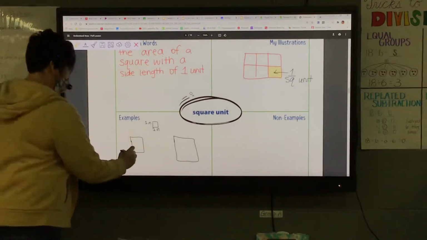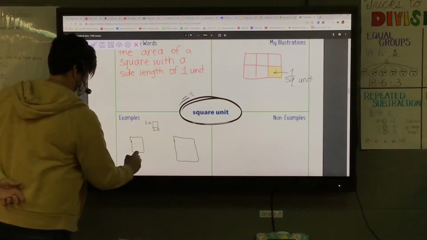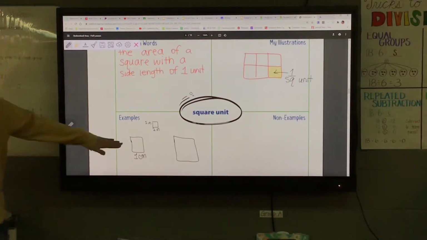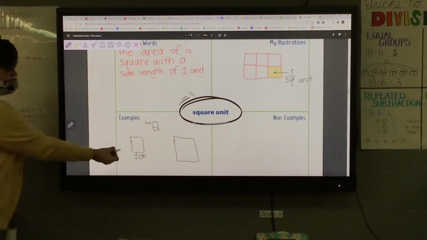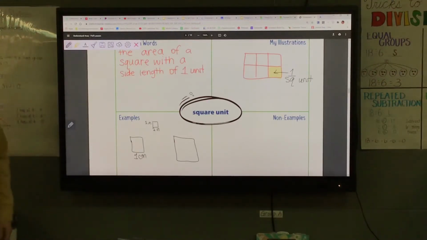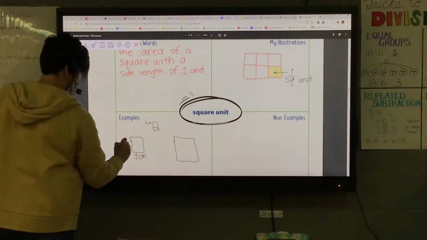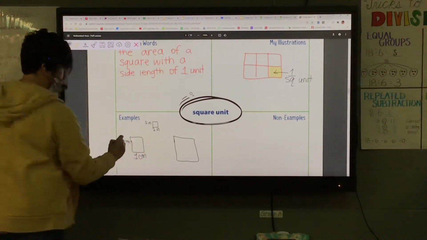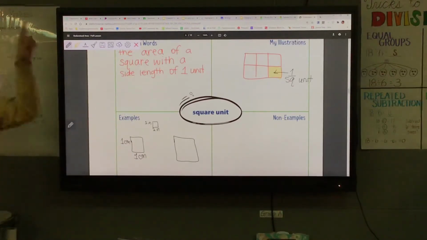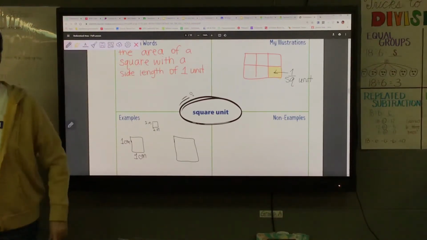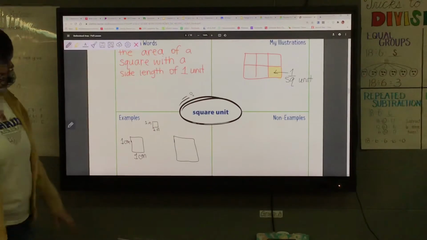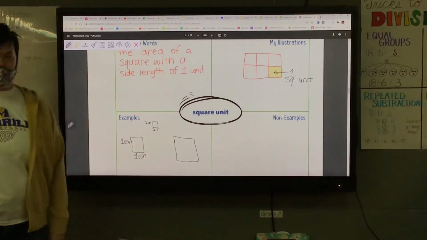So let's say that this is 1 centimeter. If this is 1 centimeter, what is our width? 1 centimeter. Is it going to be 1 centimeter all the way around our square? Yes.